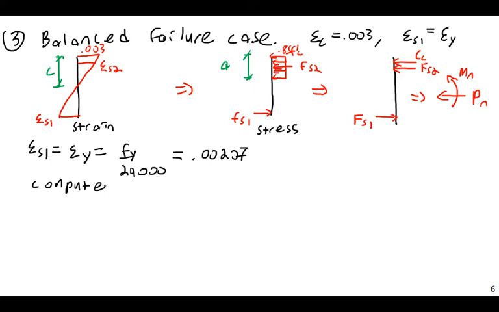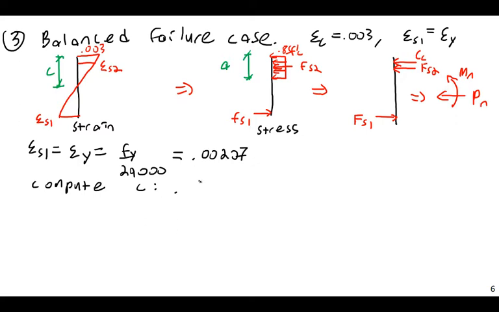Next, I want to compute c, the distance to the neutral axis, and I'm going to do this using similar triangles. I know 0.003, and I'm going to compare this triangle here to this triangle here. I also know that the overall d, the depth here, is 13.5 inches from the top to the bottom.